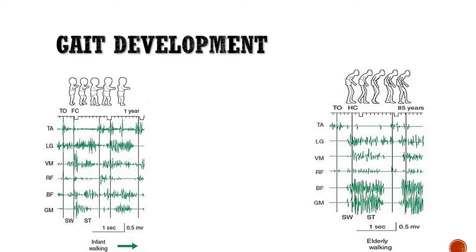So on the right hand side here we have an example of muscle activity in an 85-year-old. On the left we have the example of muscle activity in an infant learning to walk, around 1 year old.